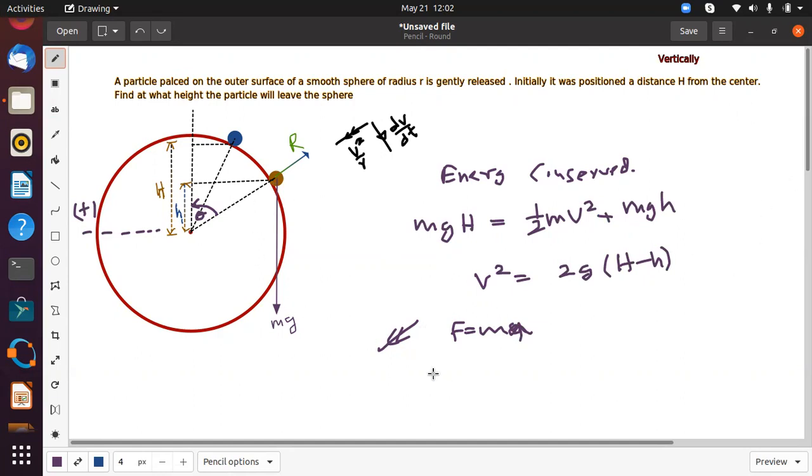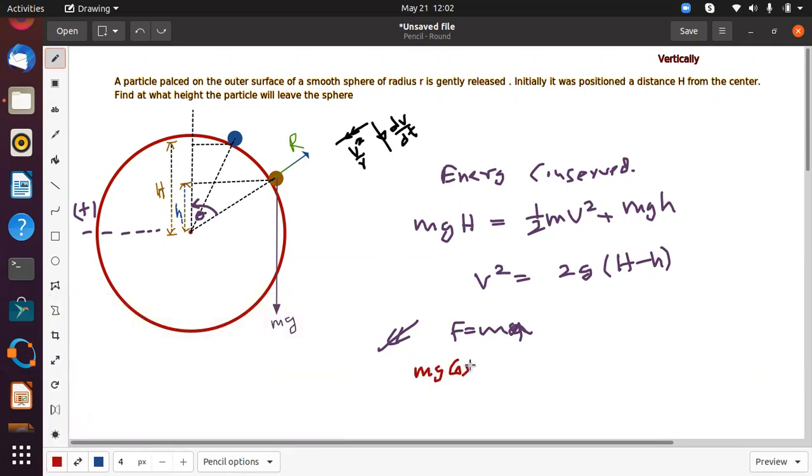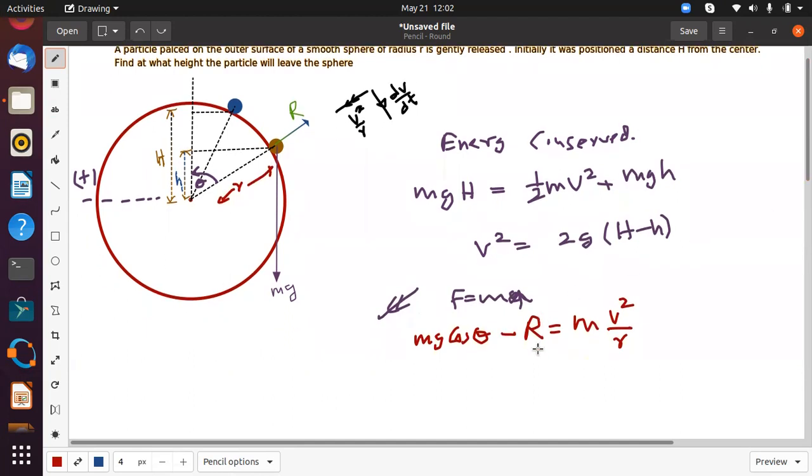So the forces would be mg cos theta minus this reaction R equals m times v squared over r, since it has acquired a velocity v, r being the radius of this sphere. Sorry about this, I had paused the video. So mg cos theta minus R equals mv squared over r. This is the equation.